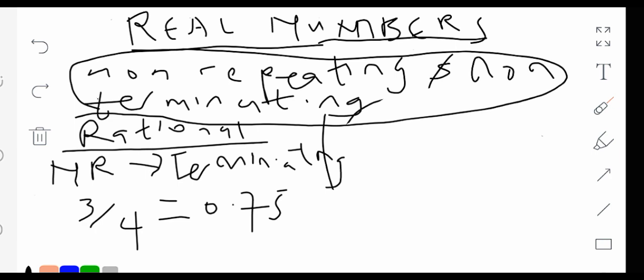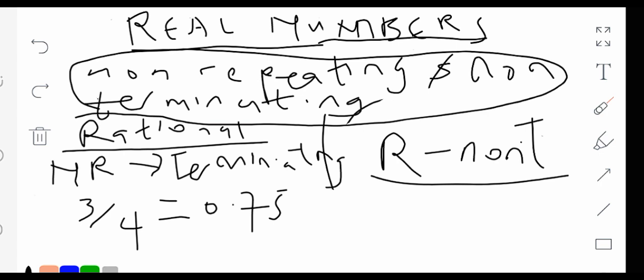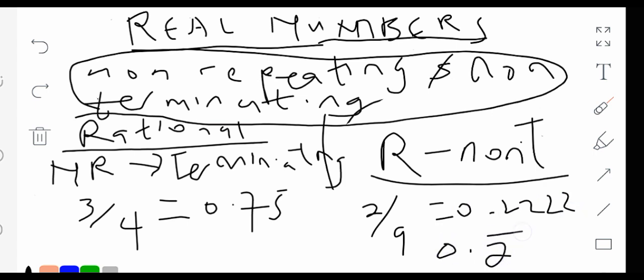And a rational number can also be repeating but non-terminating. What do you mean by this? When they are repeating and non-terminating, an example is 2 over 9. 2 over 9 will give you 0.2222, it keeps going, so we can say 0.2 bar.